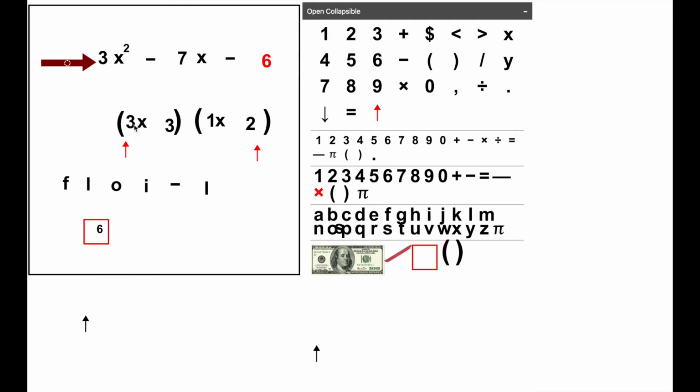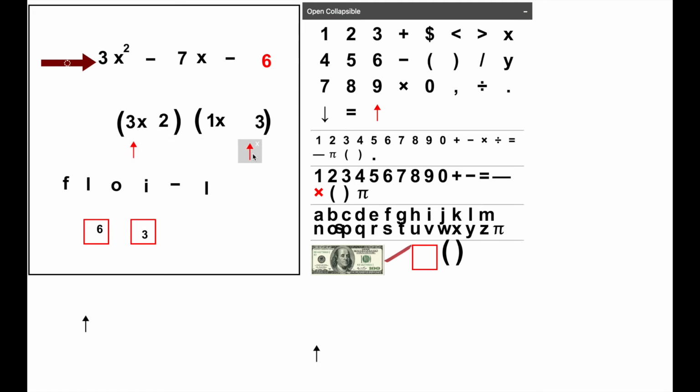And then bring the fingers in together like that. What is 3 times 1? 3 times 1 is 3. Can 6 and 3 give me 7? No. So you want to swap these guys. Put this over here, put this over here.